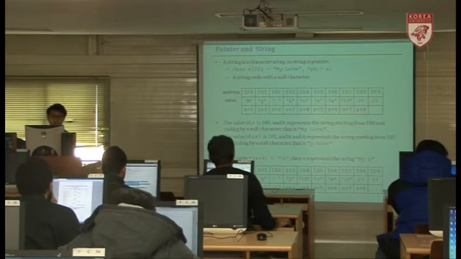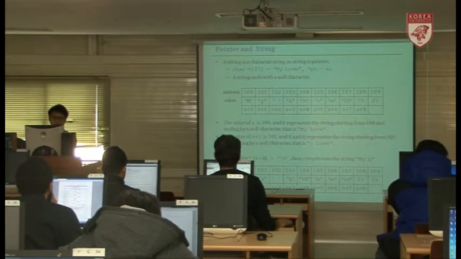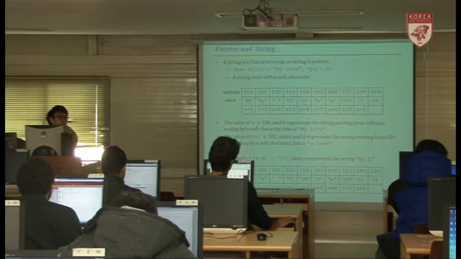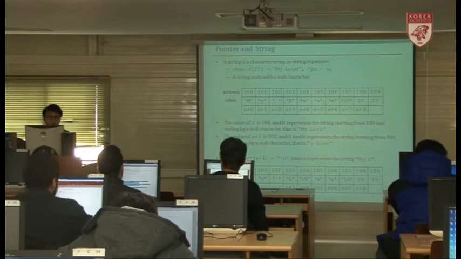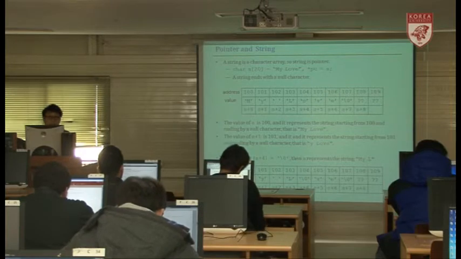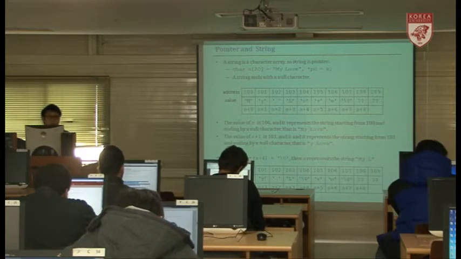So you got it? If we change this S plus 4, this O, to the null character, this string ends here, and S represents my L. The important thing is that a string is an array ended by a null character.